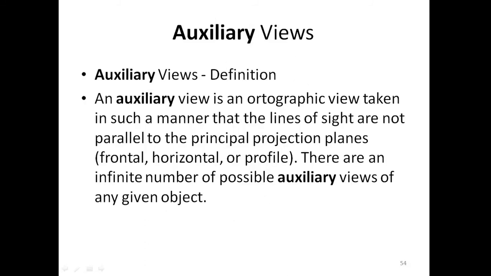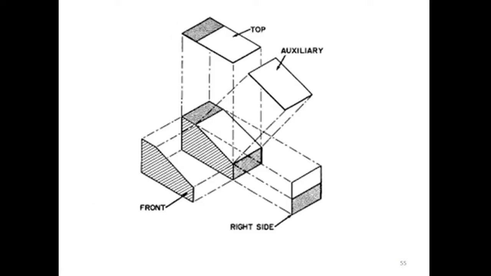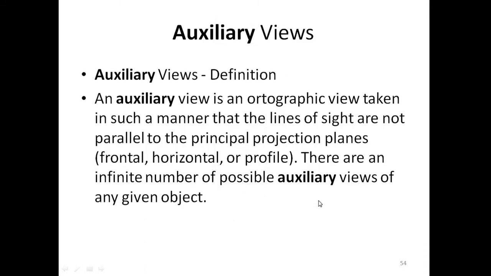But it is drawn in such a manner that lines of sight are not parallel to the principal projection planes. Here the auxiliary view is not parallel to the principal planes, that is front plane, side plane, top plane. It may be frontal, horizontal or profile.